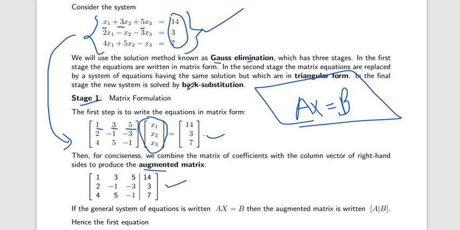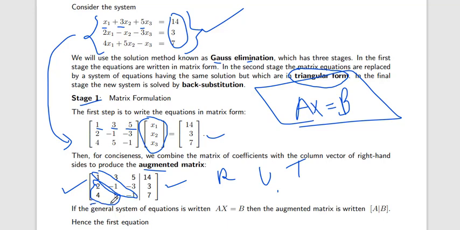Then we apply some operations on the matrix, which are called row operations, and we transform the matrix into upper triangle form, where the values below the main diagonal are always 0.